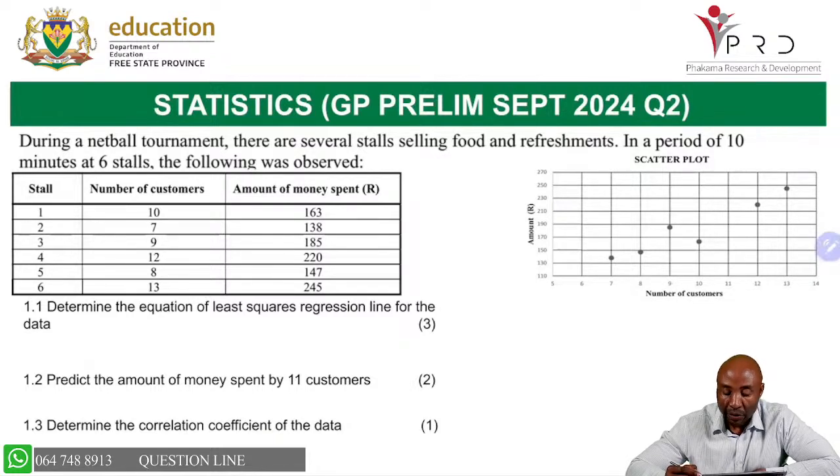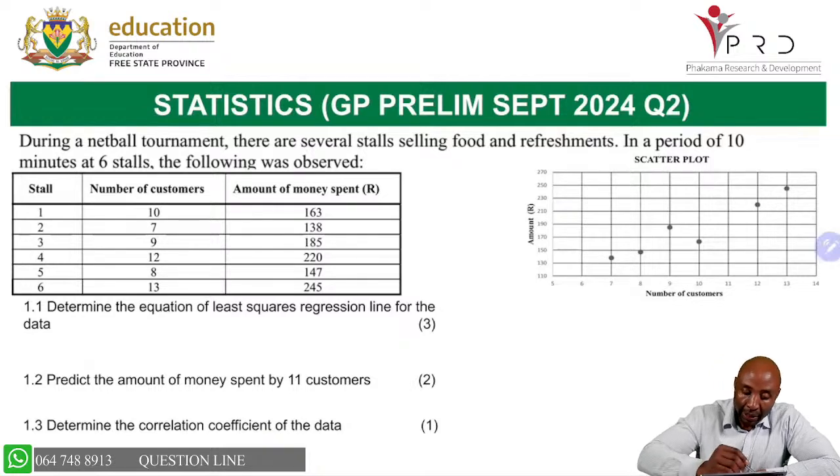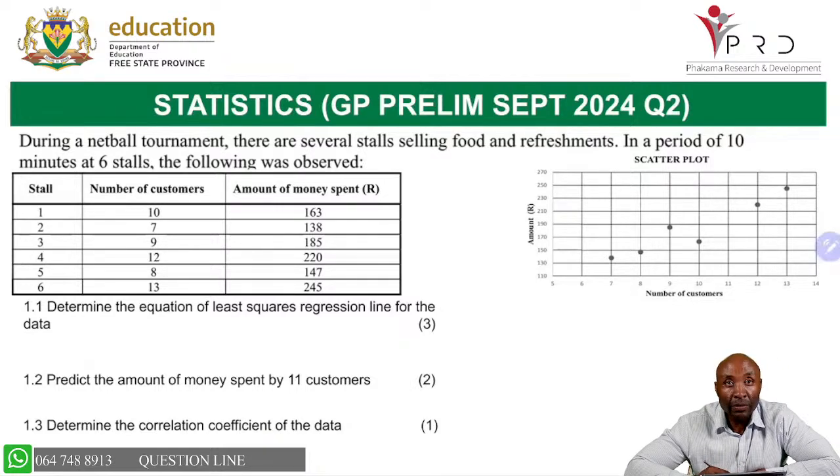If you check there on the table, they do not indicate which one is the X, which one is the Y, but you are able to see on the graph our number of customers is our independent variable, and the amount in rands is the dependent variable. So this becomes our Y, and that one is our X.